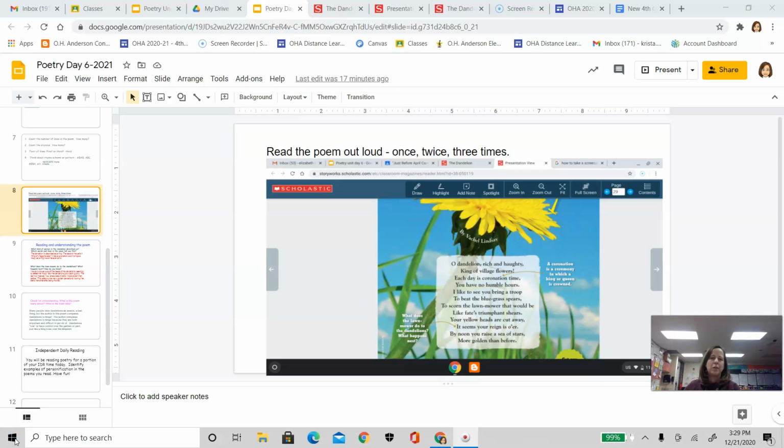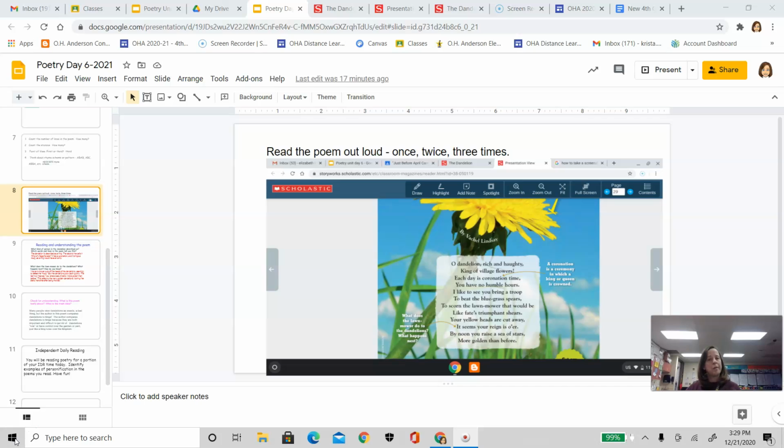So class, you noticed that I read the poem 3 times, maybe even more than that, just to kind of get an idea. Sometimes I like to read the poem once, and then read it again, and it seems to be a little bit better because I'm more familiar with the words and the pattern and the rhyme and the rhythm of the poem.